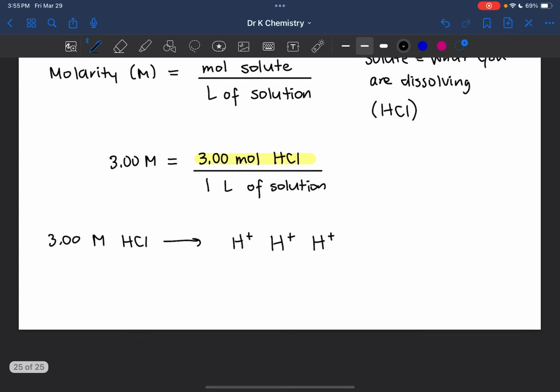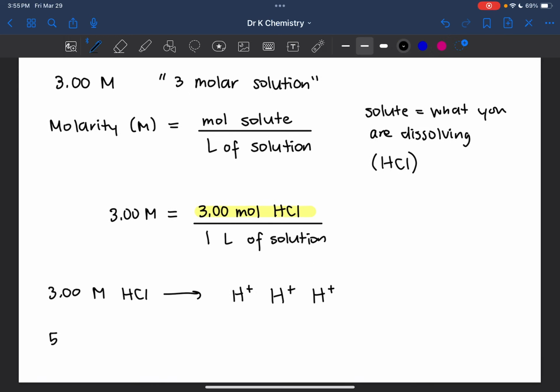If you were to have instead, let's say, a 5 molar, that means that you would have 5 moles of hydrogen ions that would be present in solution. So the higher concentration, the more hydrogen ions you have, and the more acidic that solution will be.